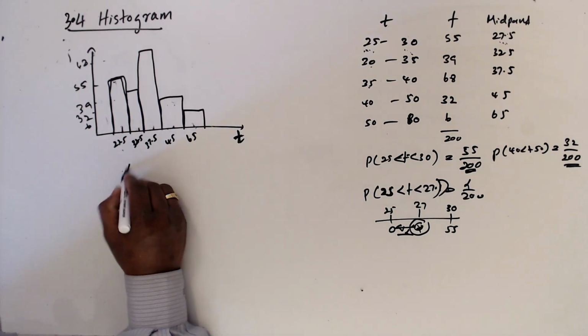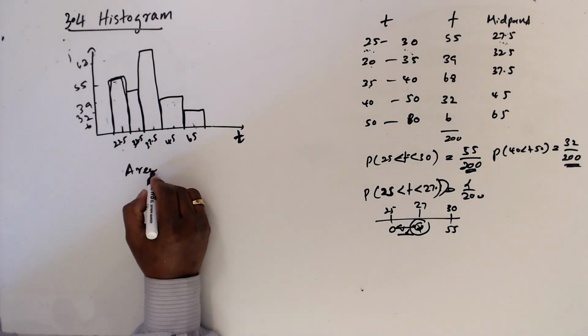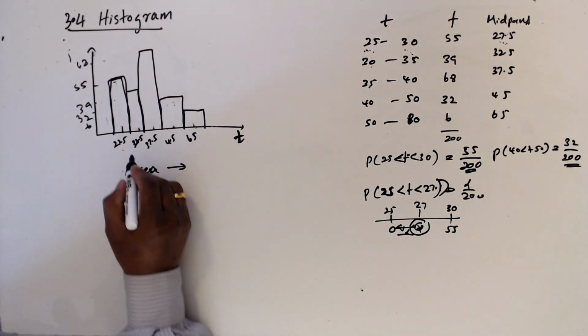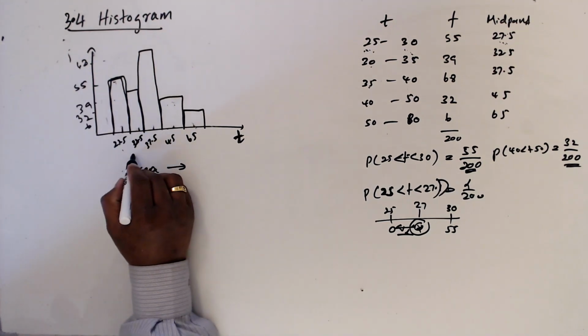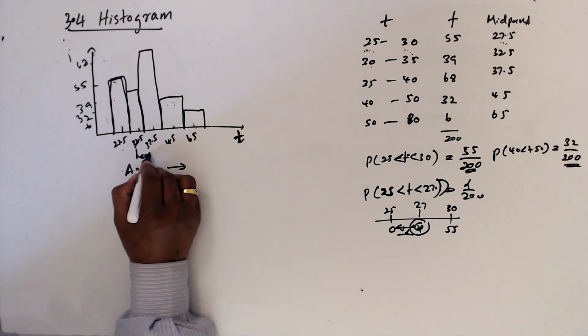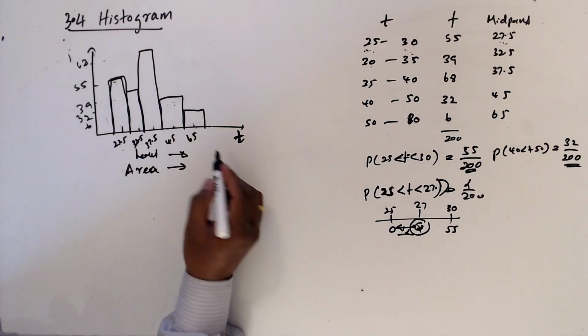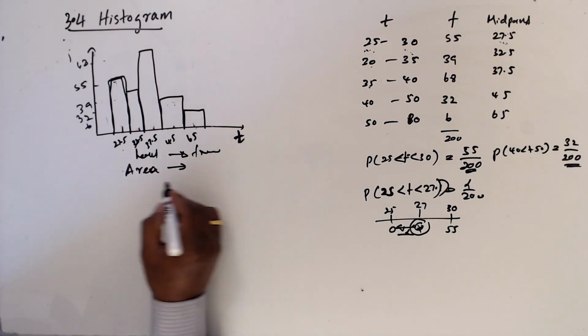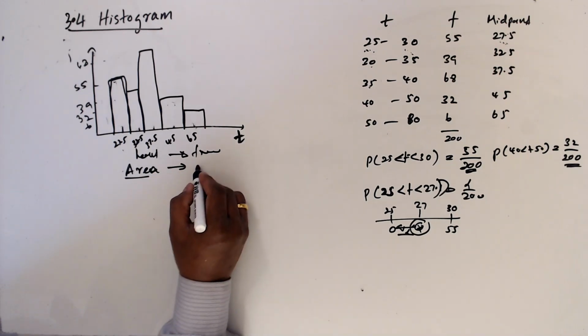Earlier, the spike height represented frequency. Now it is area that we are going to use to represent frequency.